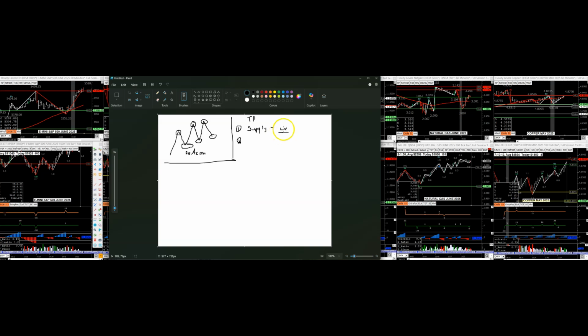All right, low volume because they just don't want to sell anymore. They've already sold. They just don't want to sell anymore. Okay, so that's one cause of why the price reverses. Low volume. I'll just put exhaustion. All right.